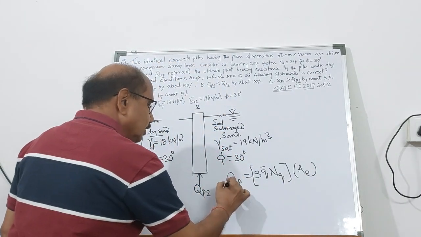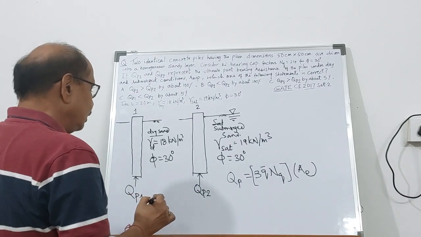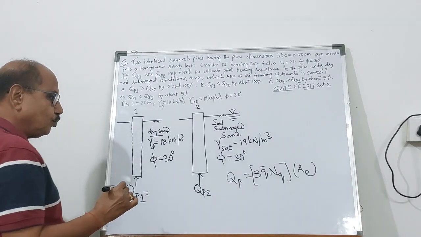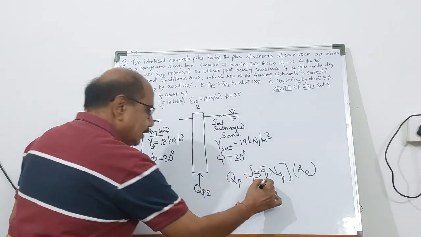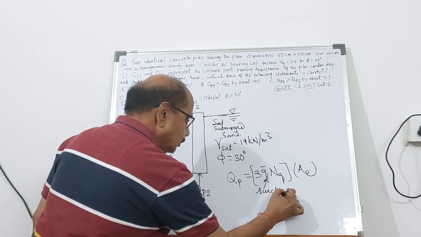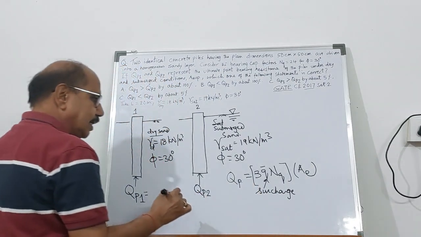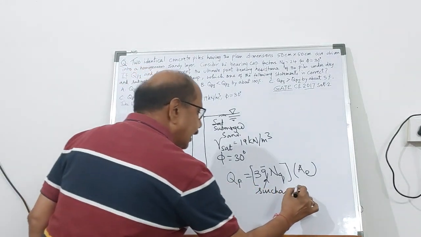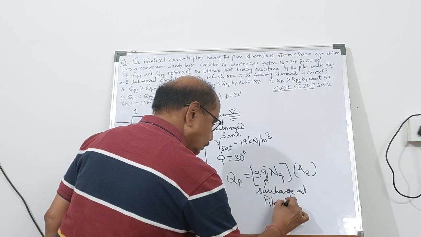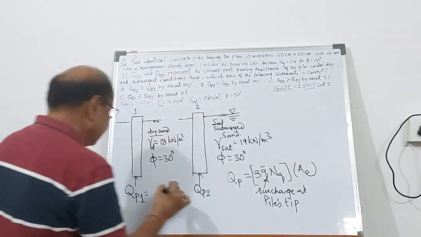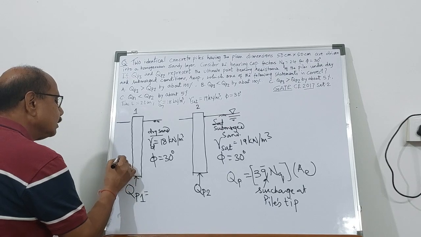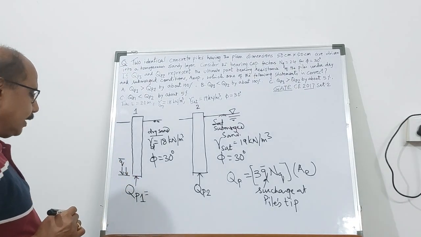So this is the formula. So therefore we can find out QP1 and QP2. So QP1, here there is the effective surcharge, you can calculate it at the pile's tip or pile's end. So at this point, the effective surcharge that you can find out.